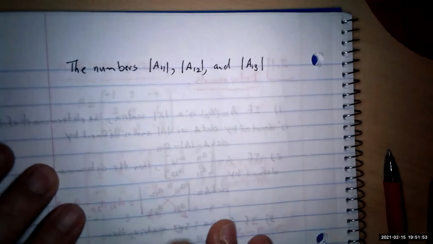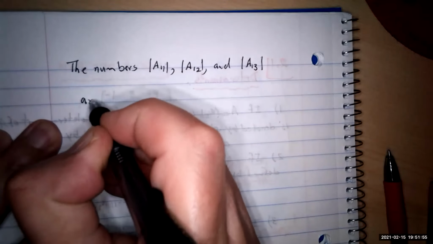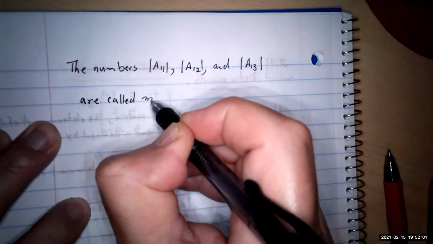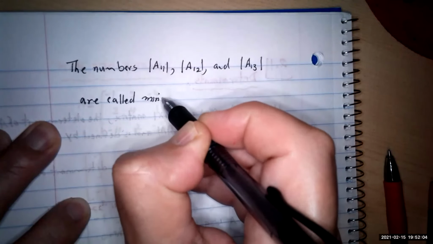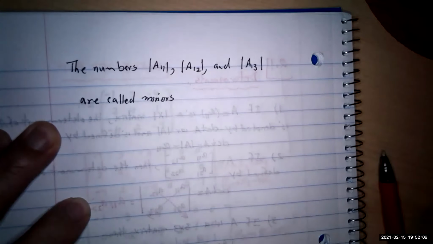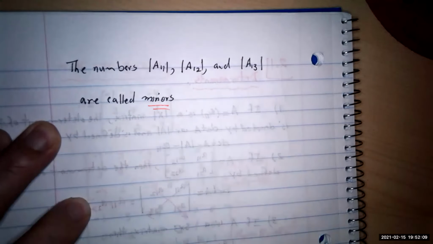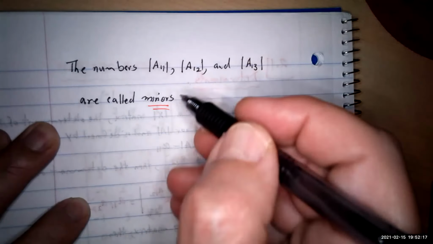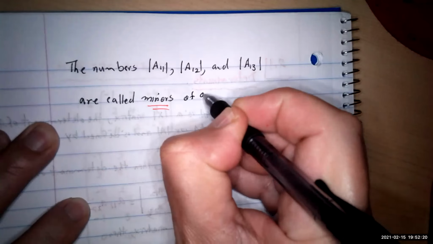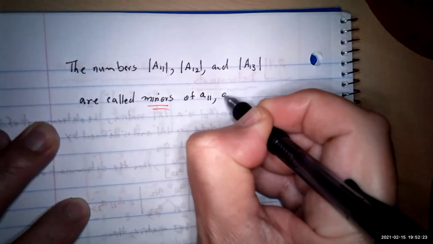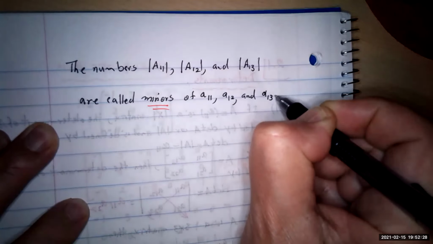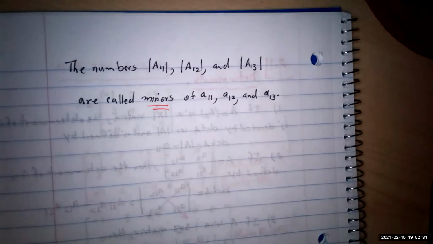These numbers are called minors, because some problems ask for it and we are ready for it. These are the minors of the entries A11, A12, and A13.